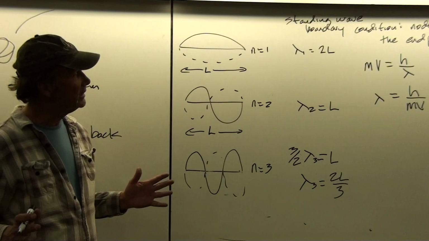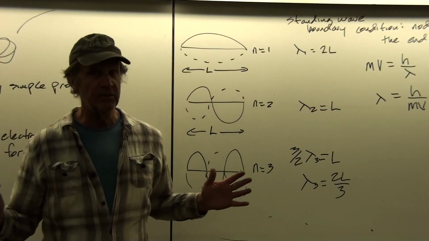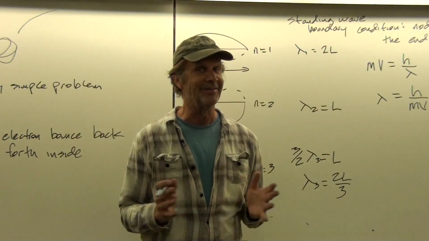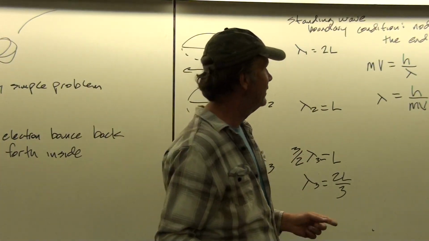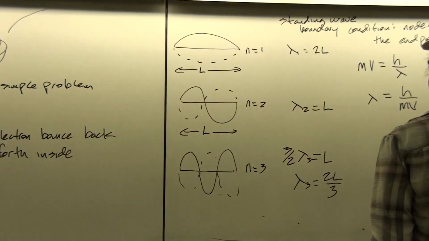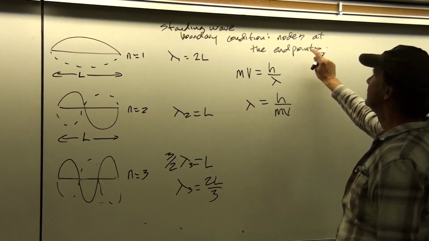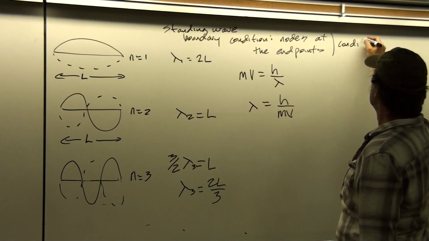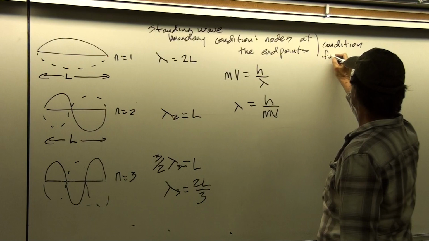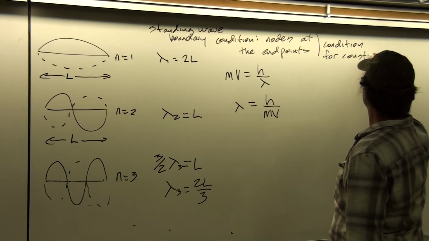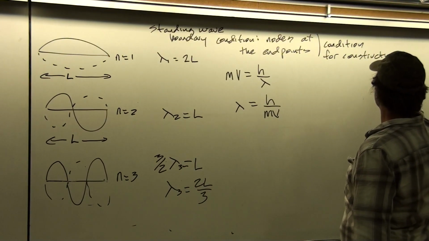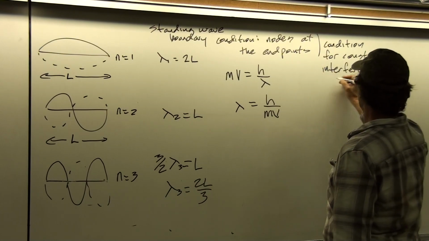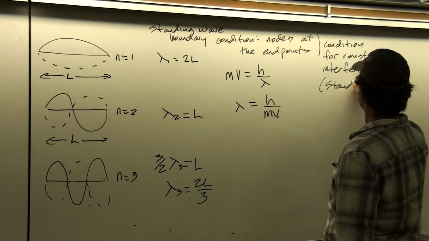Now, if the length of the box were different, then this would kill off these electrons, but it would give other electrons a chance for life, ones that have different energies. And so this is the standing wave boundary condition, basically the condition for constructive interference, meaning that we're talking about standing waves.